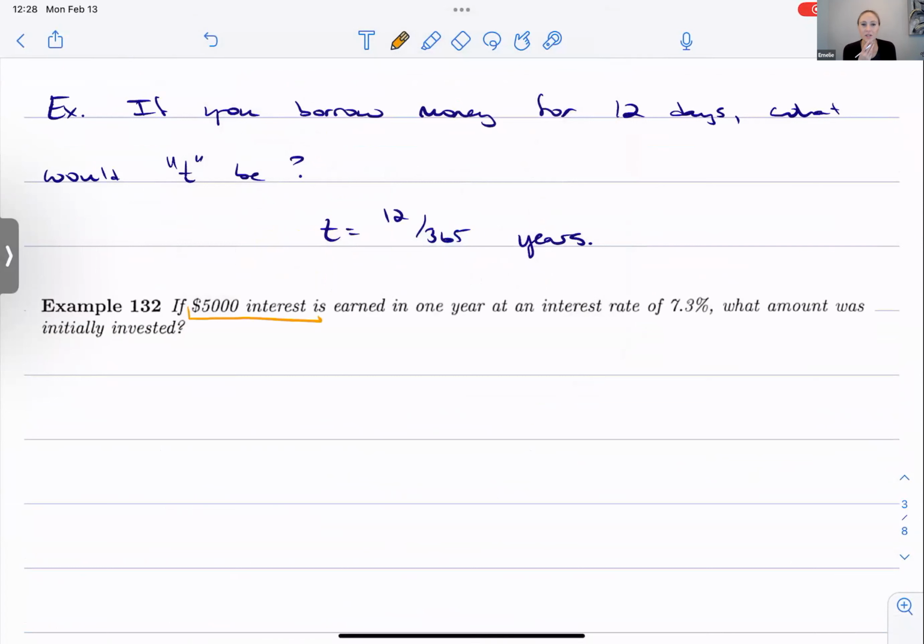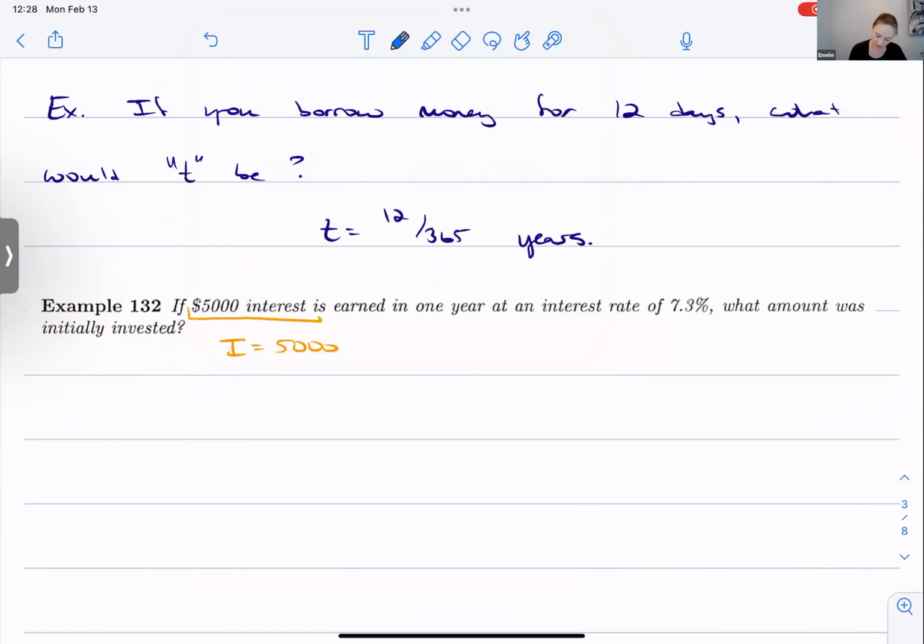So the $5,000 is the amount of interest. Okay, so although that's going to be a little bit tricky in the beginning, it's a good idea to just start picking up on that now. So I is 5,000.